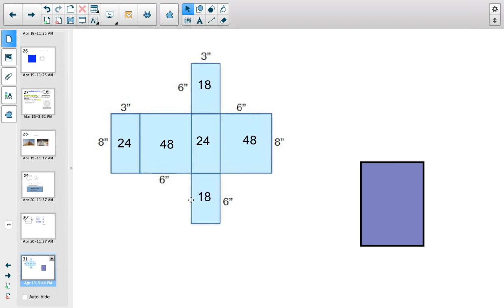Okay, so now we've found the area of the net. And again, as I said, the area of a net is the same as the surface area for the 3D object it makes.